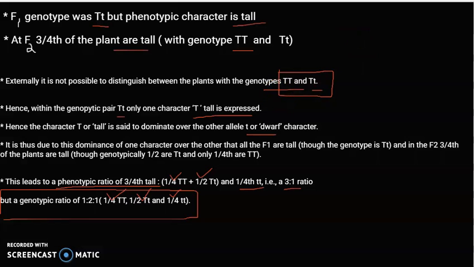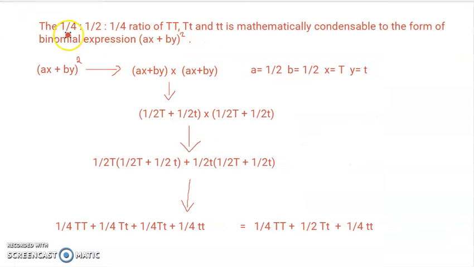Okay, so the 1/4 : 1/2 : 1/4 ratio of capital T capital T, capital T small t, and small t small t. So these are the results of the F2 generation, right? So capital T capital T was in the ratio 1/4, capital T small t was in the ratio 1/2, and small t small t was in the ratio 1/4.